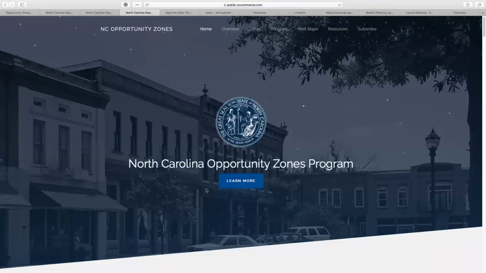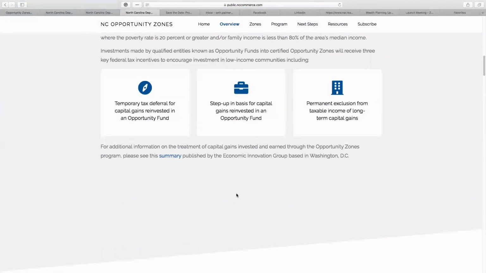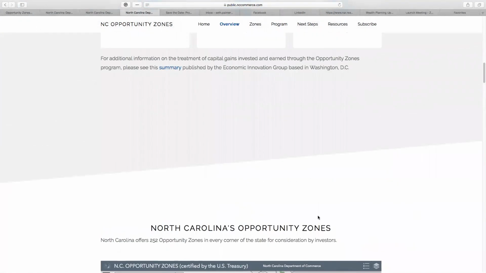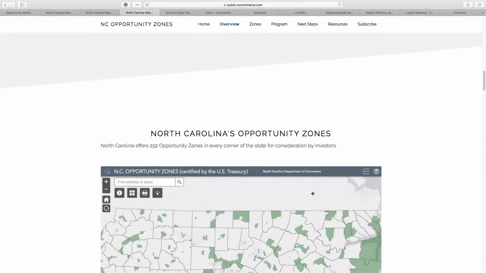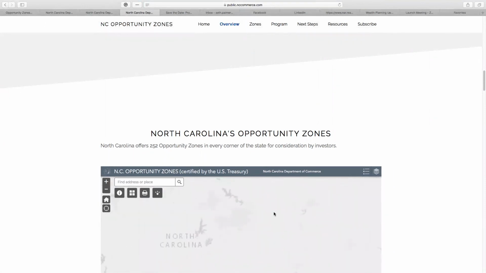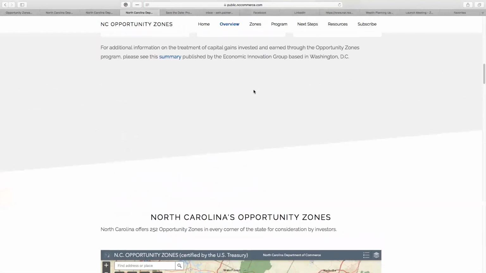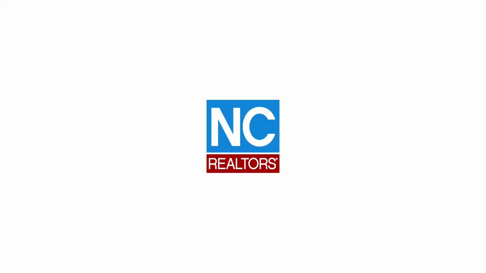As you scroll down, you will see the page for the Opportunity Zone program here in North Carolina. And if you click on that link, it will take you to an interactive map that the North Carolina Department of Commerce has put together that shows you where these zones are located and can help you drill down to census tracts.